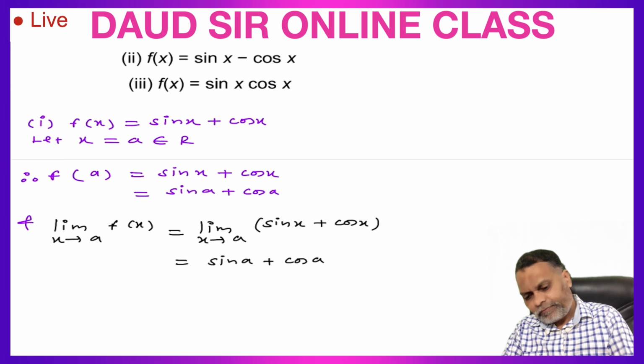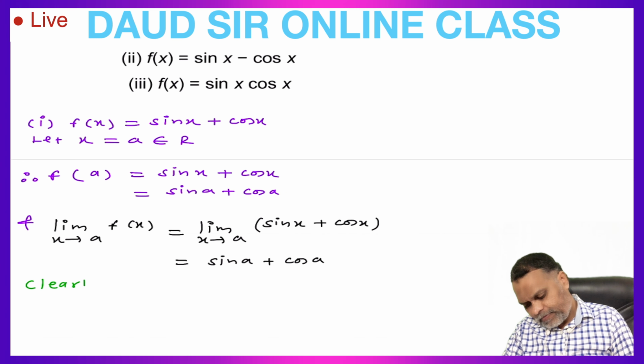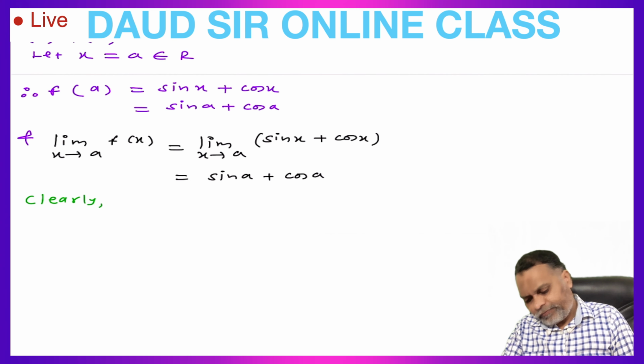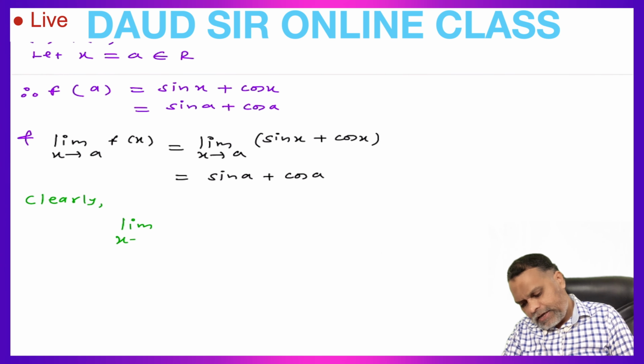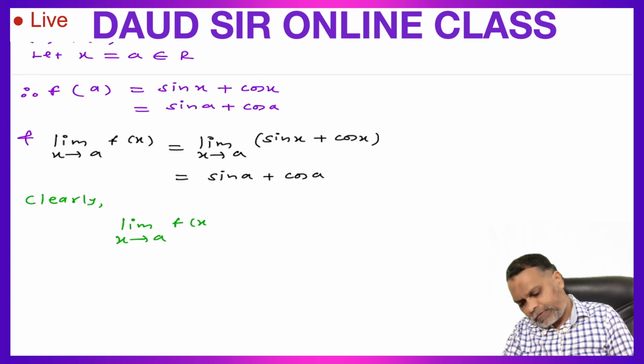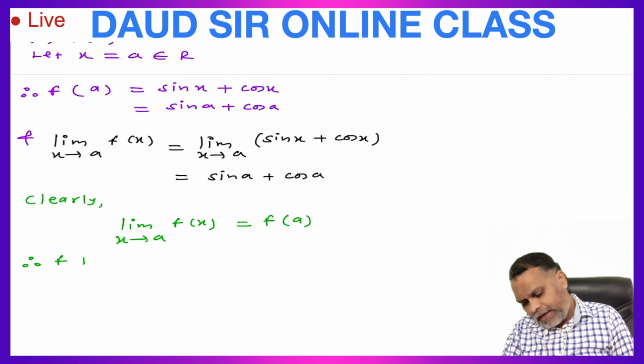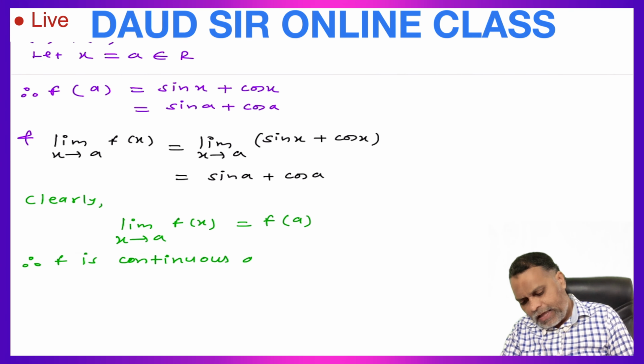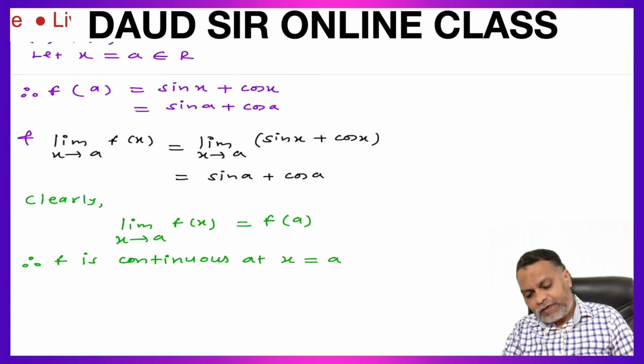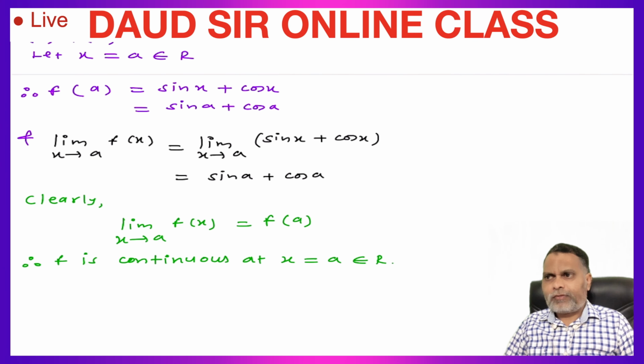So clearly, limit x tends to a, f of x is equal to the value of function at x is equal to a. Both are equal. Therefore, f is continuous at x is equal to a, a belongs to real number. This function is continuous at x is equal to a, where a is any real number.